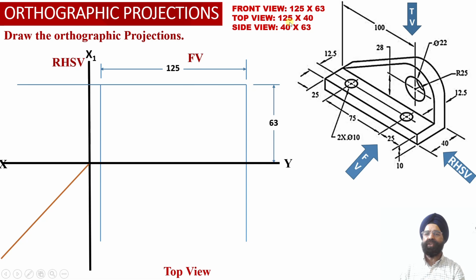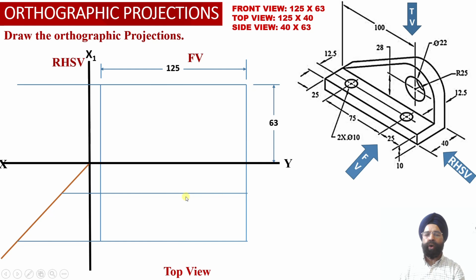Now when we look at the solid from the top, we know that the top view face is going to have the dimensions 125 millimeter width, which we have already obtained into the top view projection area, and now the depth of the solid happens to be 40 millimeter.